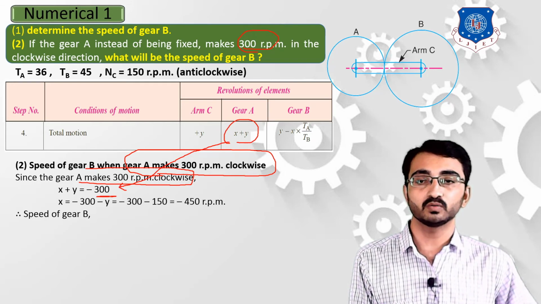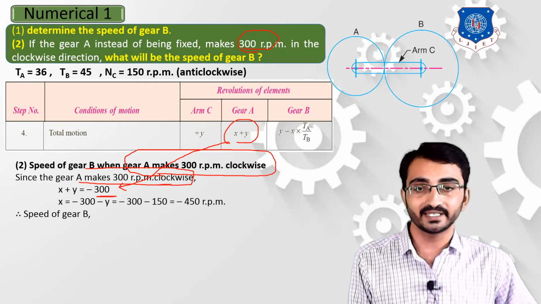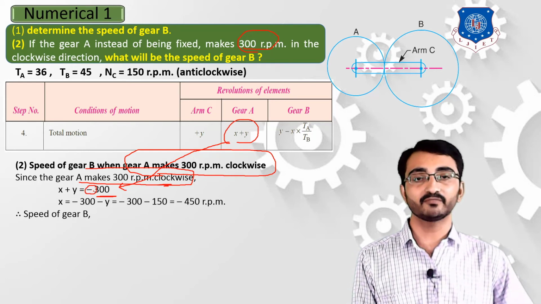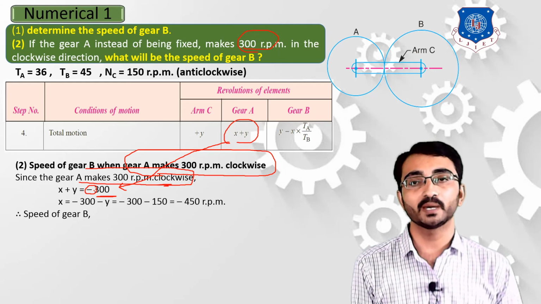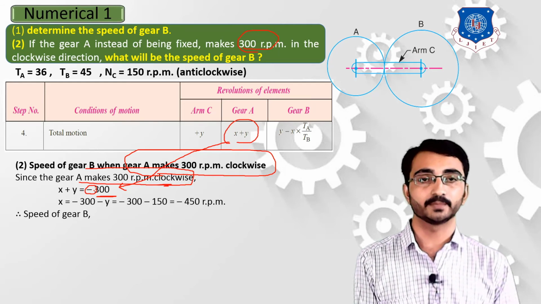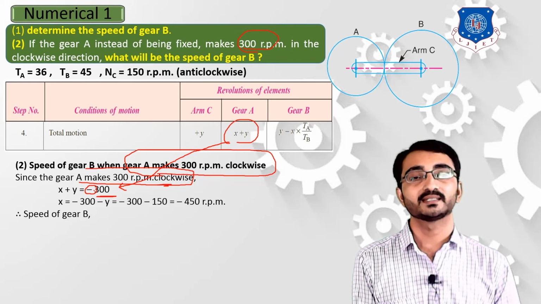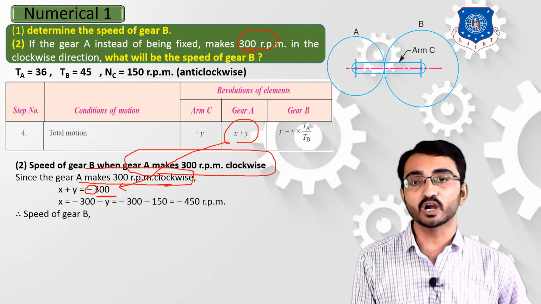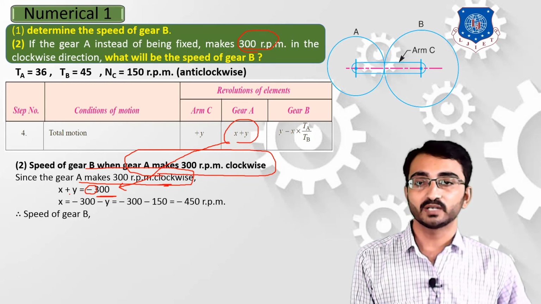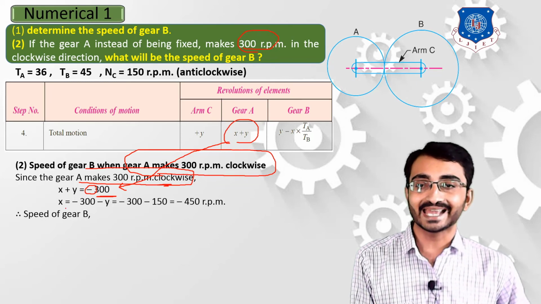But now the rotation is clockwise, so we have to put a minus sign. Be careful whenever you are solving numericals of gear train, you have to consider the direction properly. If it is anti-clockwise, then it is plus, and if it is clockwise, then you have to mention the minus sign. So now you can write down that x is equal to minus 300 minus y.